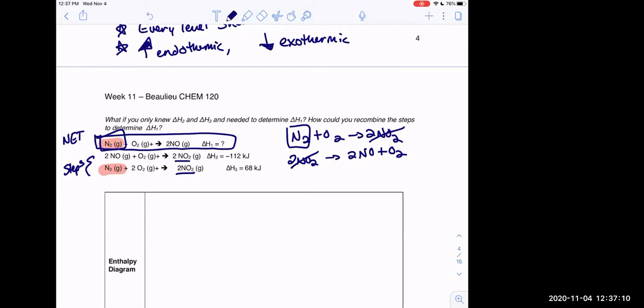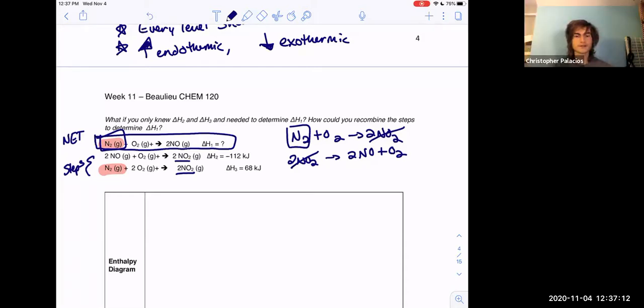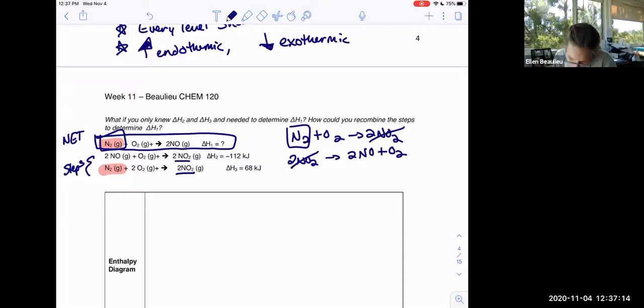Usually you wrote the delta H3 as the net. Well, I know, but all I'm doing here is swapping the steps. I don't think I'm having a senior moment. Hang on.